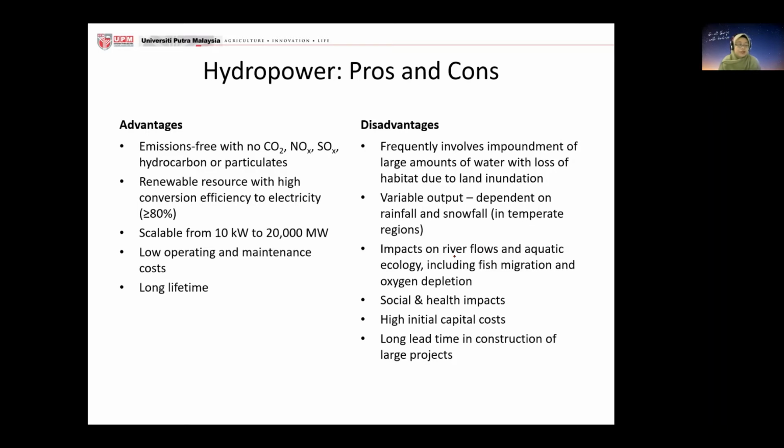Hydropower plants also impact river flow and aquatic ecology, including fish migration and oxygen depletion, and many other related impacts, such as social and health impacts.